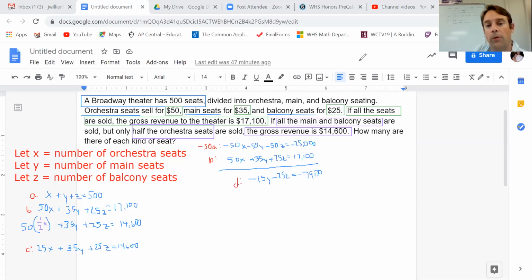And if it were me, I probably would have also combined A with C. So negative 25A, combine that with C. All righty. So negative 25x minus 25y minus 25z equals negative 12,500.